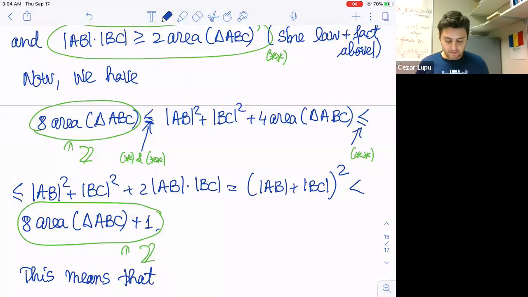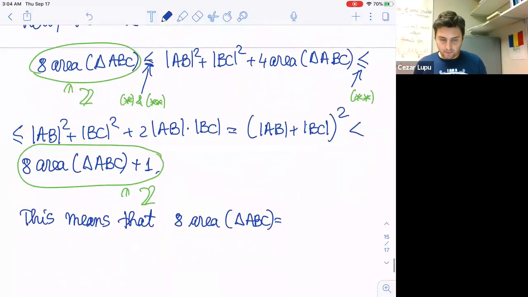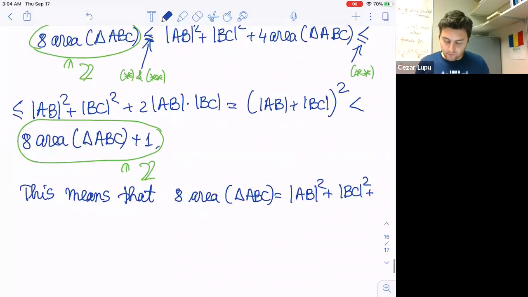So it will imply that 8 times the area of the triangle ABC will be equal to this guy, so it will be equal to AB squared plus BC squared plus 4 times the area of the triangle ABC.